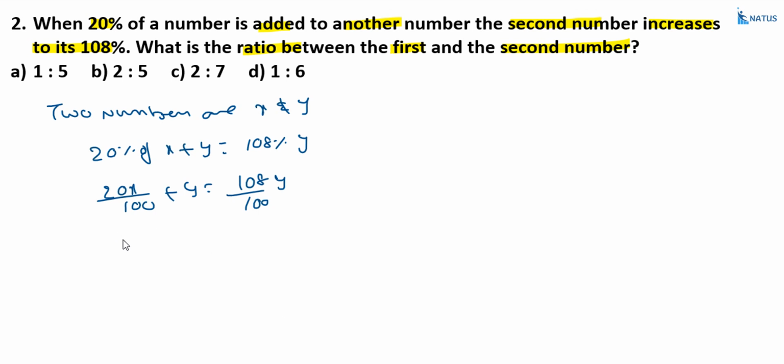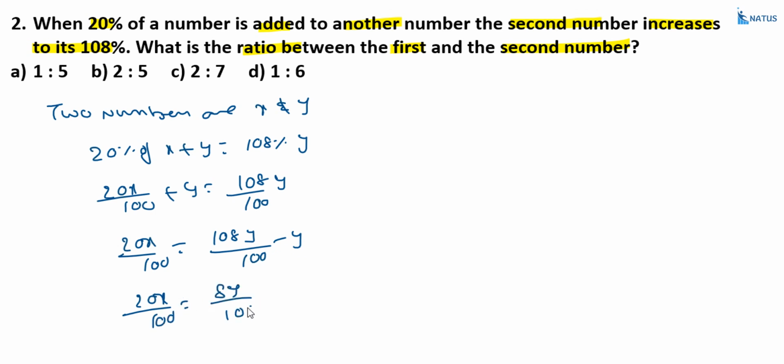So 20x by 100 is equal to 108y by 100 minus y. So 20x by 100 is equal to 8y by 100.